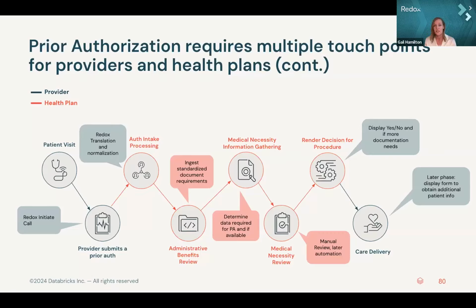Redox, as we heard, can take care of that translation, that normalization, those value sets and code sets, so that data is consumable by the payer system and uses the right terms and the right value sets that the payer system is expecting.